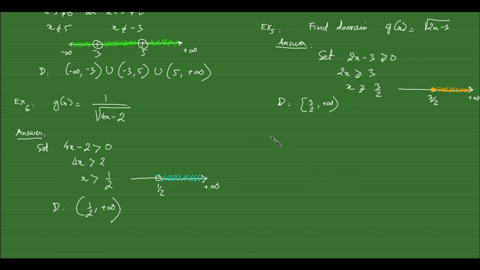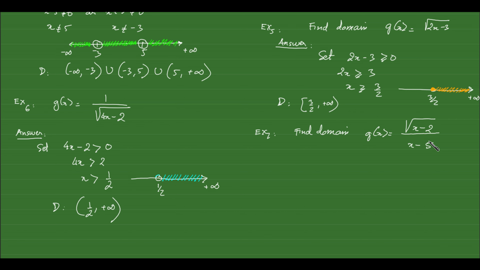How about this one? Now let me combine them, a radical and something in the denominator. How about I have it like this: square root of x minus 2 on the top and the bottom is x minus 5.